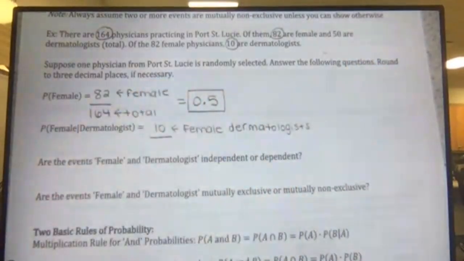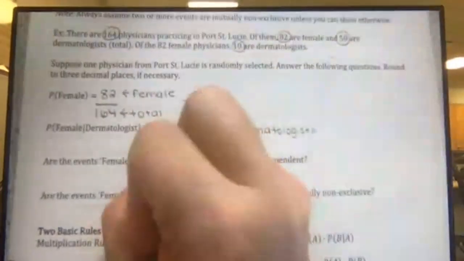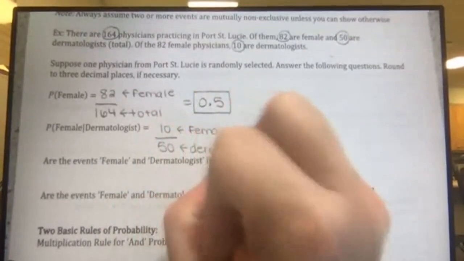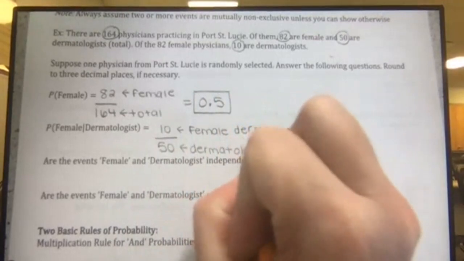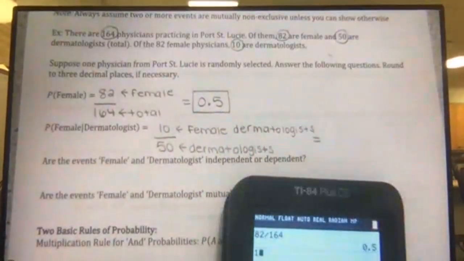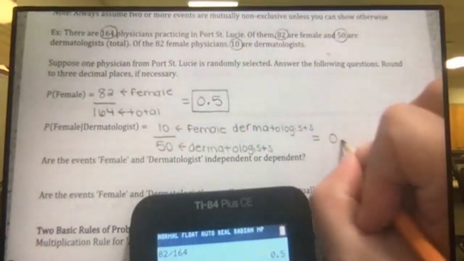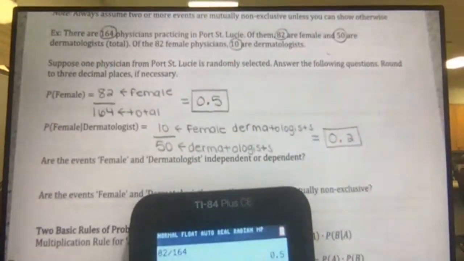Remember, the bottom is dermatologists. How many dermatologists are there total? 50. Perfect. So in our calculator, 10 divided by 50 would leave us with 0.2.